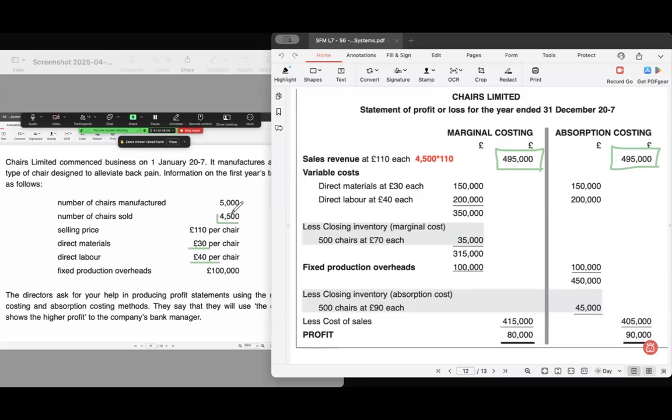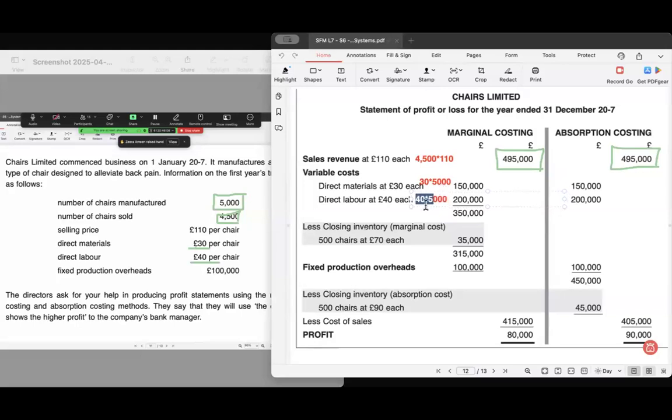Although the number of chairs sold is 4,500, the total number of units produced is 5,000. Therefore, 30 into 5,000 will be equal to 150,000. And 40 into 5,000 will be equal to 200,000.